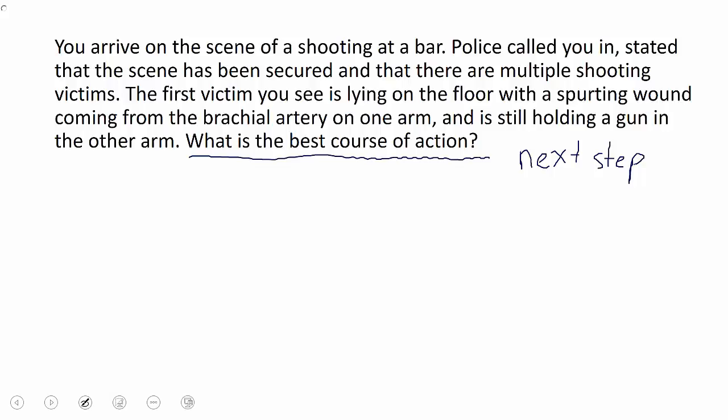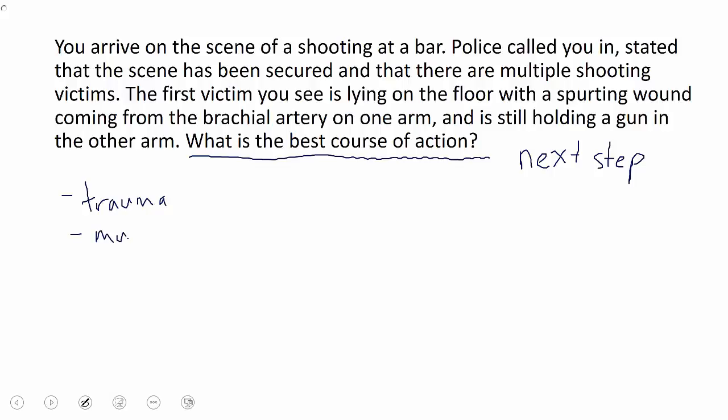All right, let's read the rest of the scenario. So you arrive on the scene of a shooting at a bar. Right away, that tells me that this is most likely a trauma situation instead of a medical one. So that rules out a whole host of medical problems. The police call you in, stating the scene has been secured and that there are multiple shooting victims.